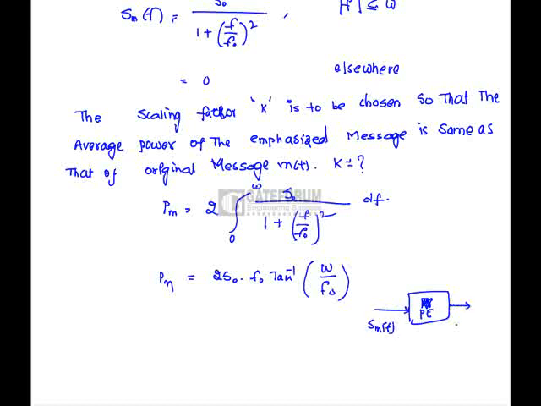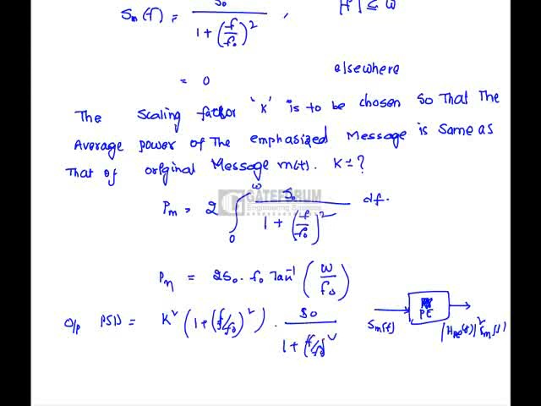Output PSD is nothing but the filter, that is HPE(f) whole square into Sm(f). That is, the output PSD of the pre-emphasis filter is k square 1 plus f by f naught whole square times S naught over 1 plus f by f naught whole square. So this gets cancelled.